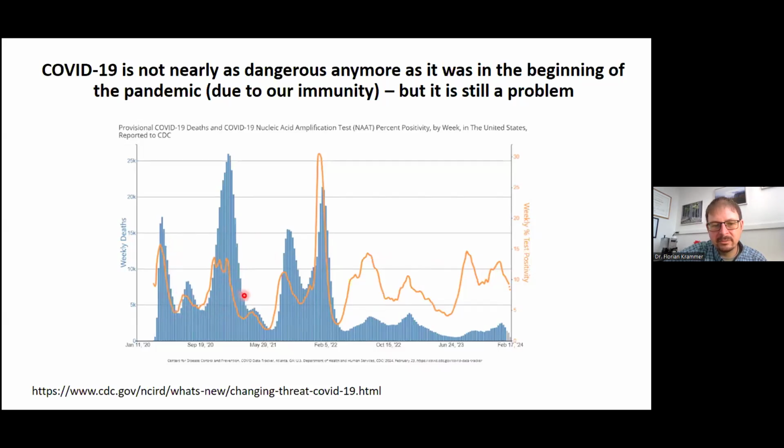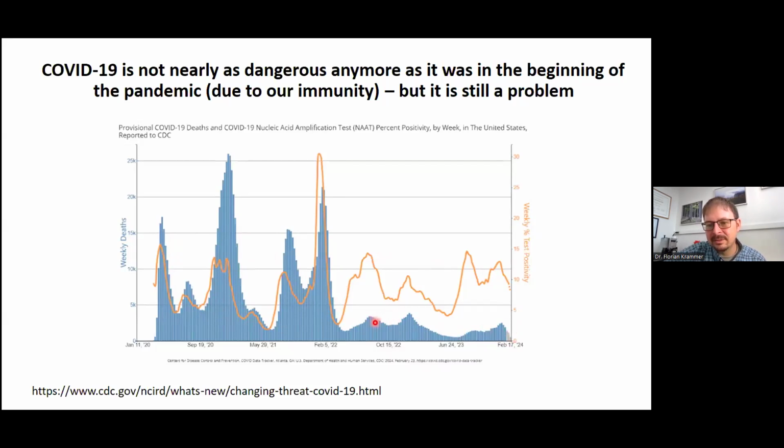Initially, we had a lot of mortality from COVID-19, but it seems to become lower and lower. And this is, of course, because a lot of people got vaccinated, a lot of people have immunity. It's not because the virus becomes weaker, it's really because we have developed immunity. And this is the good news.